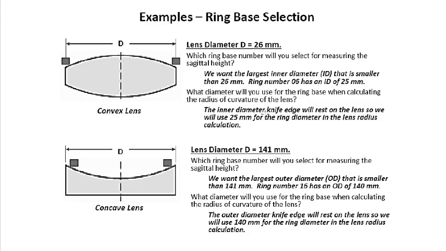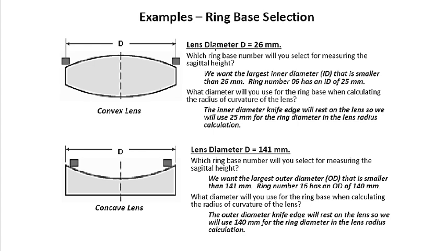Okay, so based on that fact, you have to know which ring base you should select in measuring your lens. The very first one is your convex lens, and of course we have diameter D for a ring base.